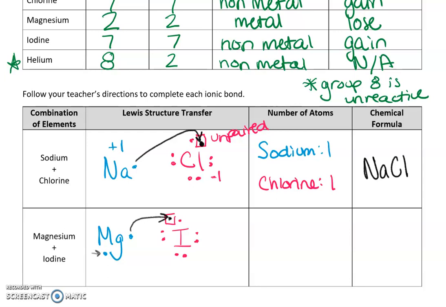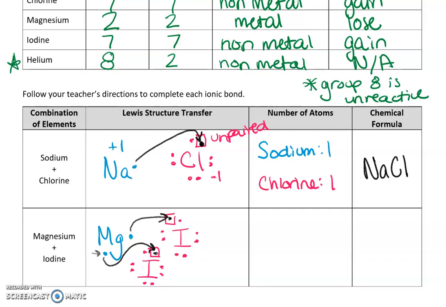So because we have one extra to give up, we need to draw another iodine atom. So we're going to add another Lewis dot structure for iodine. We have another gap here to fill. So this magnesium atom's other electron is going to fill in that other gap. So it takes one magnesium atom to bond with two different iodine atoms.